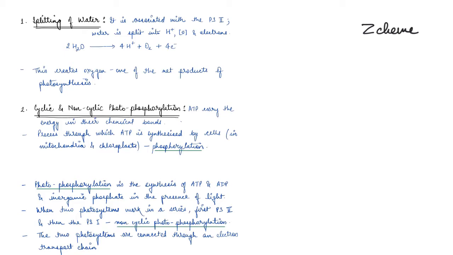Now, when we move these electrons from photosystem 2, the new electrons must be replaced. This is achieved by electrons which are available due to the splitting of water. You'll have to remember that this splitting of water is associated with PS2.